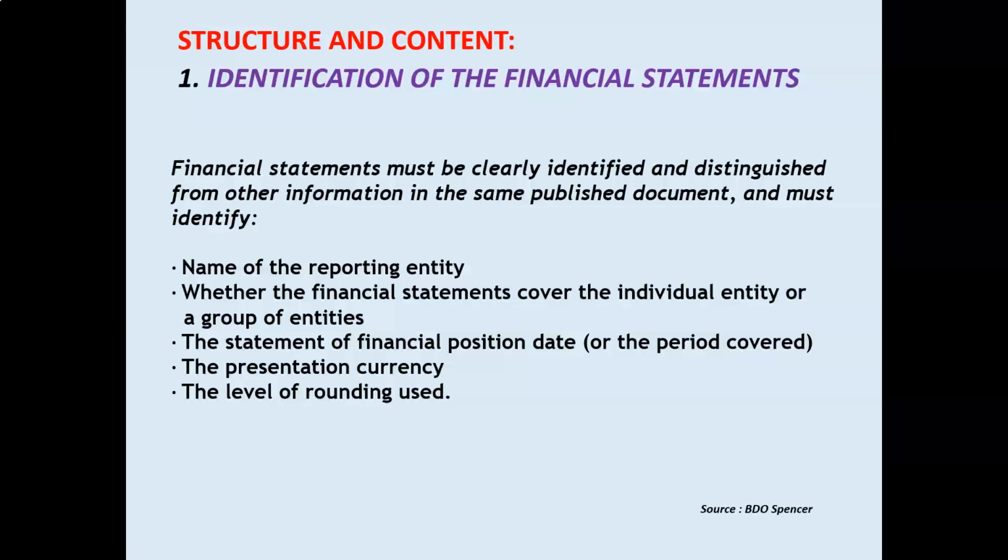So you will see that there are two sets of financial statements. The one being only the entity itself, Naspers, the company, and the other one will be the consolidated results of Naspers, which will then entail Naspers and all the subsidiaries. Right. So it is very important that the reader must know, do I only work with Naspers, only the individual entity, or do I work with a whole group of entities, Naspers and all the entities that it has shares in?